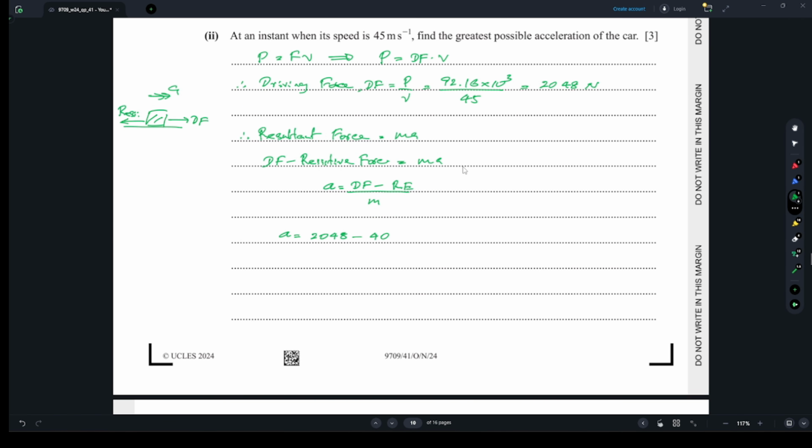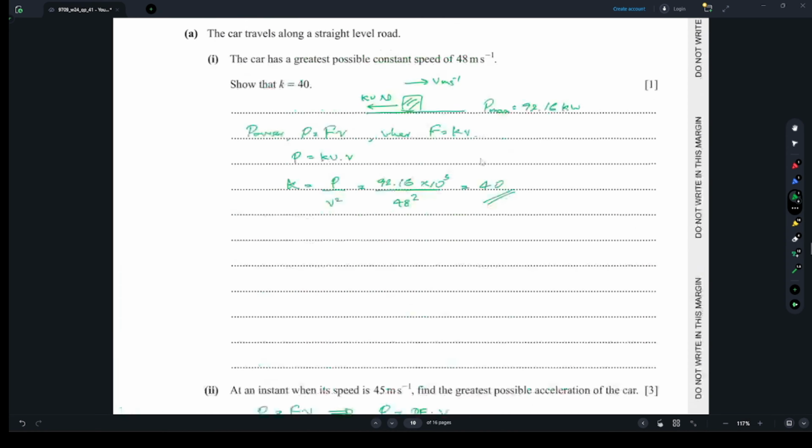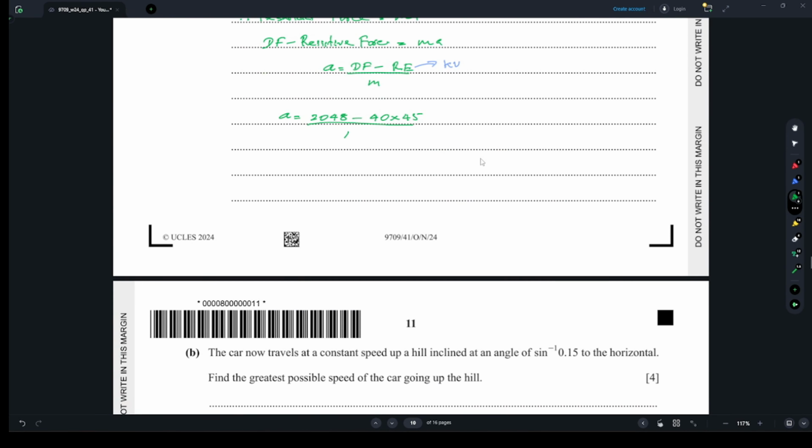So 40 times 45, and divide by the mass, which is 1200. So when you simplify it, it equals 0.207 meters per square second for 3 significant figures.